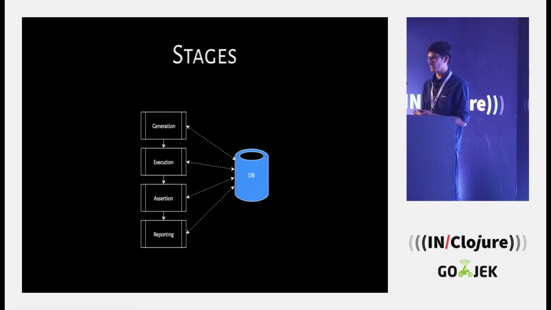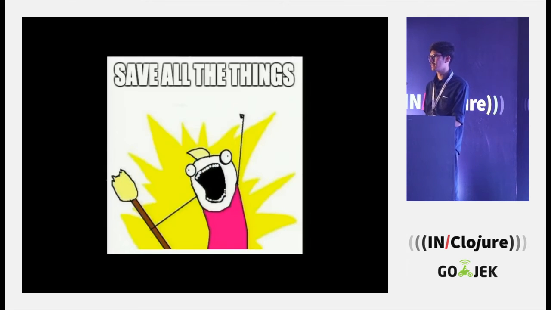Then you later go into the assertion phase, where you fetch all this data again from the DB and run your assertions on it, property based. And then you can report on it. So all the data, everything goes into the DB so that you can go ahead and inspect it later. And all this was made possible because we used DataScript and DataLog. Practically save all the things.